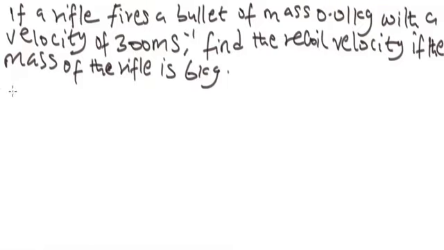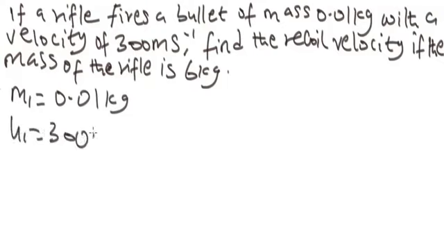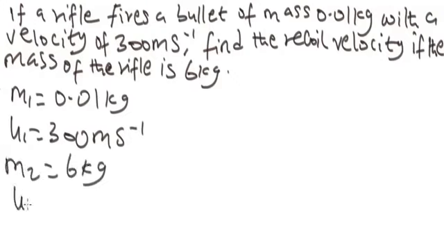We have m1 to be 0.01 kg, u1 to be 300 meters per second, and m2 to be 6 kg. Our u2 will be 0 because the rifle is not moving. We are asked to find the recoil velocity v.